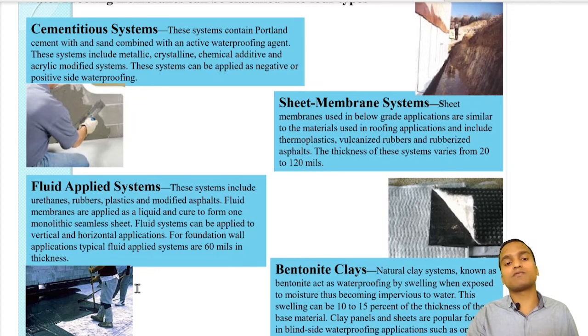So basically we first of all pour the liquid over the surface, and then we allow it to cool down or cure. Okay, and fluid systems can be applied to vertical, meaning the walls, and horizontal applications. Horizontal means the floors or the slabs or the terrace. For foundation wall applications, typical fluid applied systems are of thickness 60 millimeters.